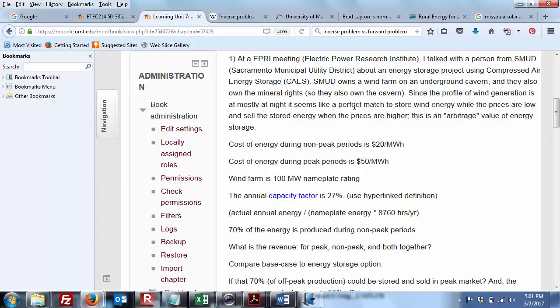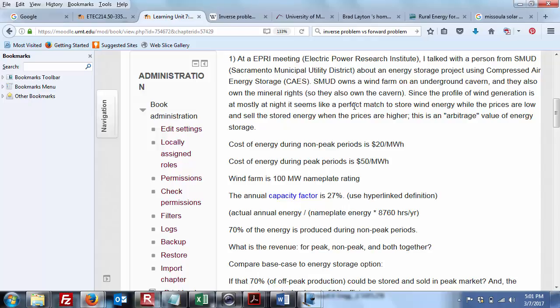Okay, so SMUD owns a wind farm with an underground cavern, and they own the mineral rights, so they own the cavern. Now, as we'll see, compressed air is not the most efficient, but it's there. Just pump some air underground. Since the profile is mostly at night, the wind's blowing at night, it seems like a good match to store it while prices are low and sell it during the day when they're high.